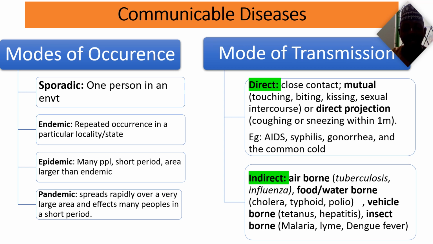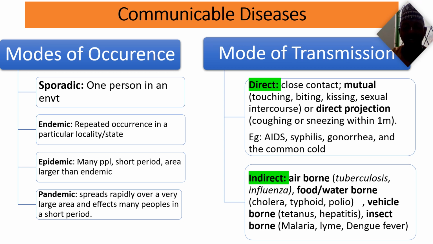All these are referred to as vehicle-borne transmission mechanism. An example is tetanus, which can be transmitted from contaminated metal in the environment to the infected person. Hepatitis is also an example of vehicle-borne transmission, which can be transmitted maybe through contaminated blood products from an infected person to a non-infected person.